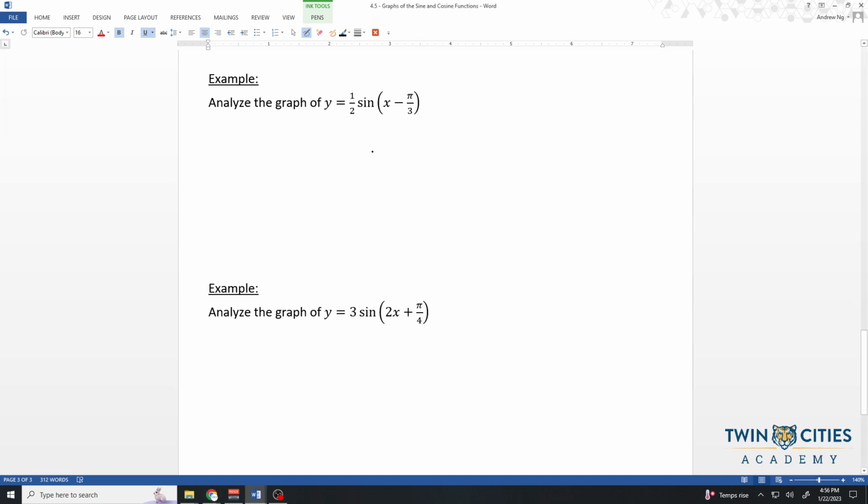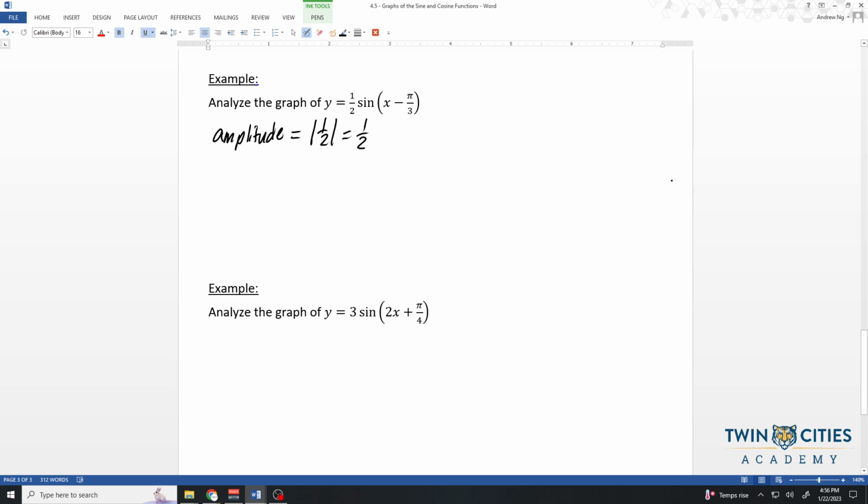So let's start with the amplitude. Just look at this number right here. It's 1/2. The absolute value of 1/2 is still 1/2. So the amplitude is 1/2.